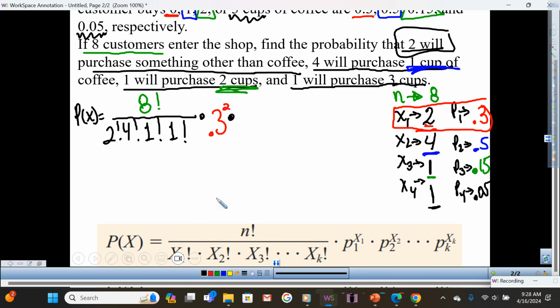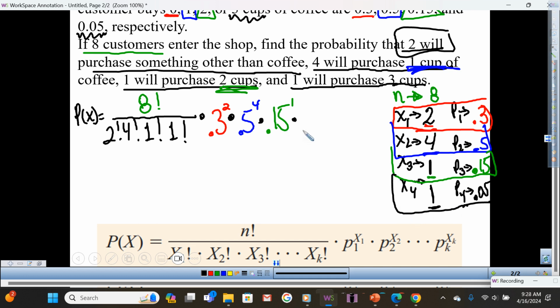Times, next one, 0.5 to the fourth power. Times, next one, 0.15 to the first power. Times, and last but not least, 0.05 to the first power.